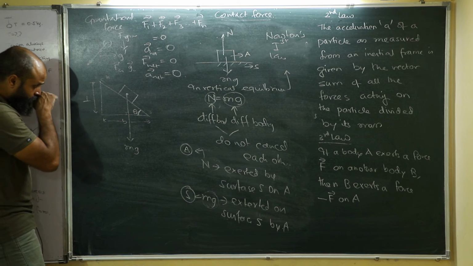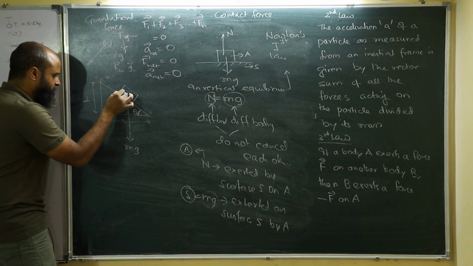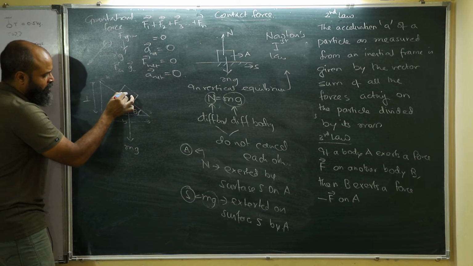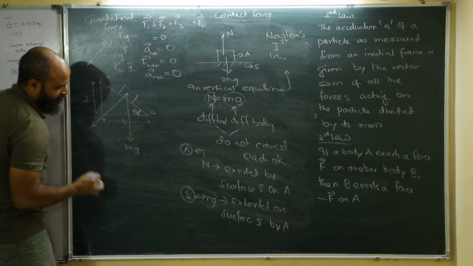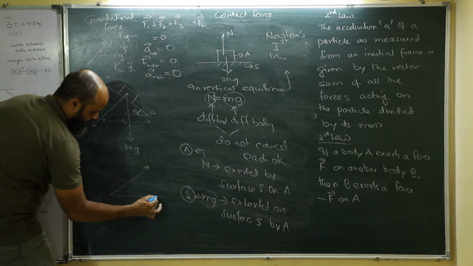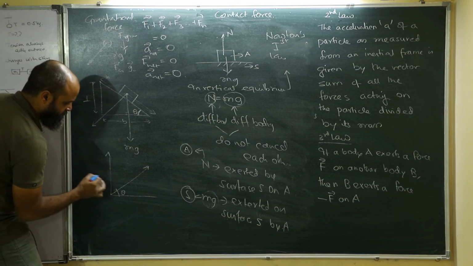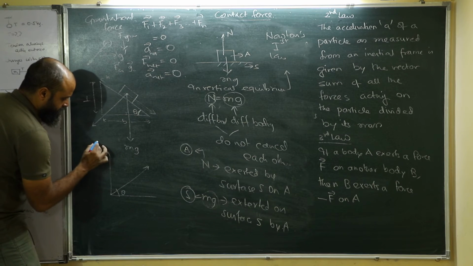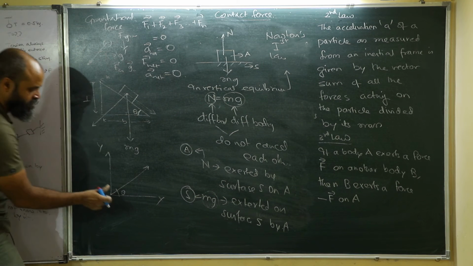If we resolve this into components, we'll talk about resolving forces. When we resolve a vector, let's say this is a vector which is inclined at a certain angle theta with the horizontal, and this is the vertical. Let's say this is the y-axis and this is the x-axis. How do we resolve this?